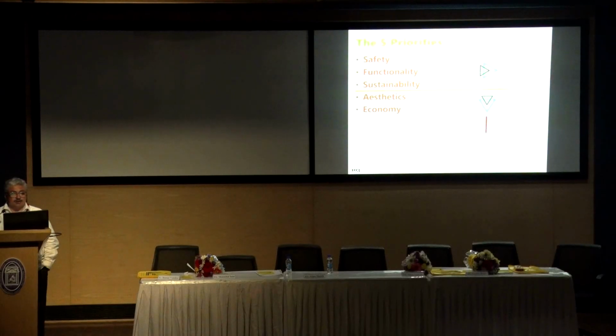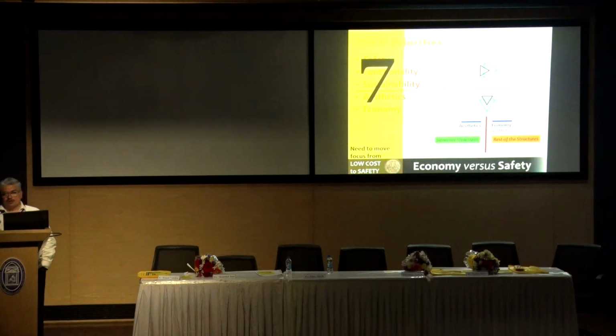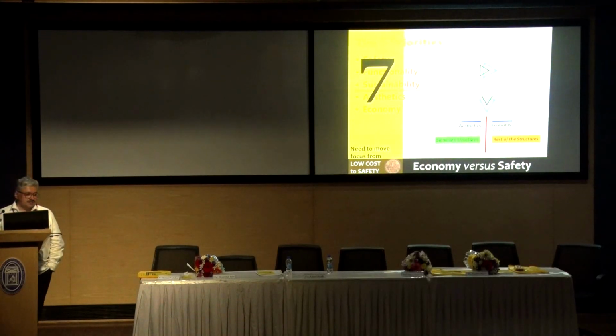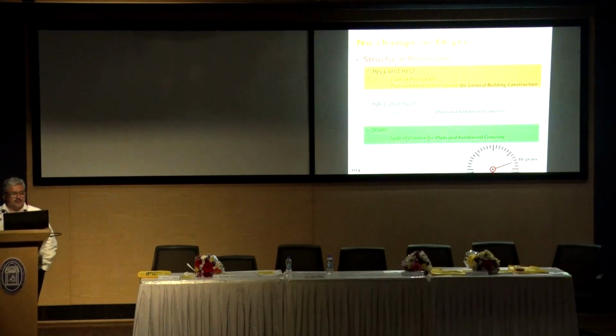Between aesthetics and economy, we can choose which one to give priority depending on what type of structures we are talking about. And if this is a philosophy that we all agree to, then definitely there's a way forward to develop our standard and then improve our practice in days to come.